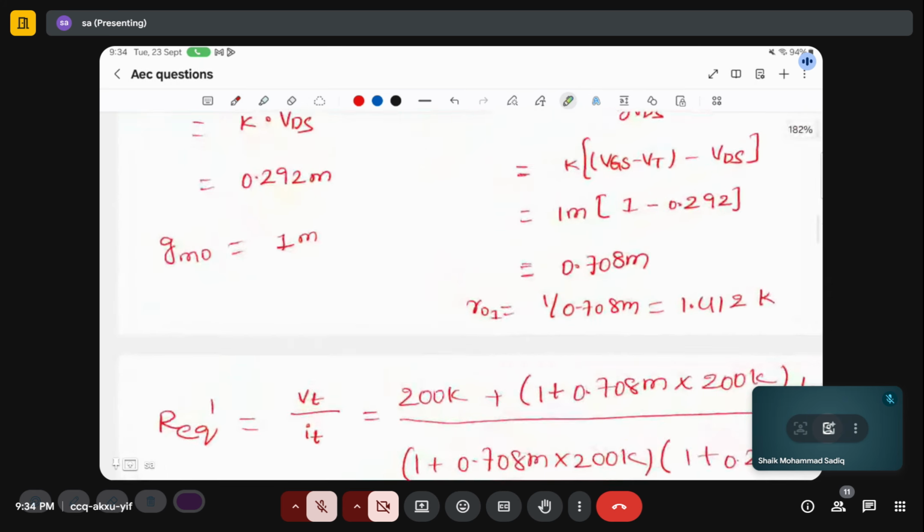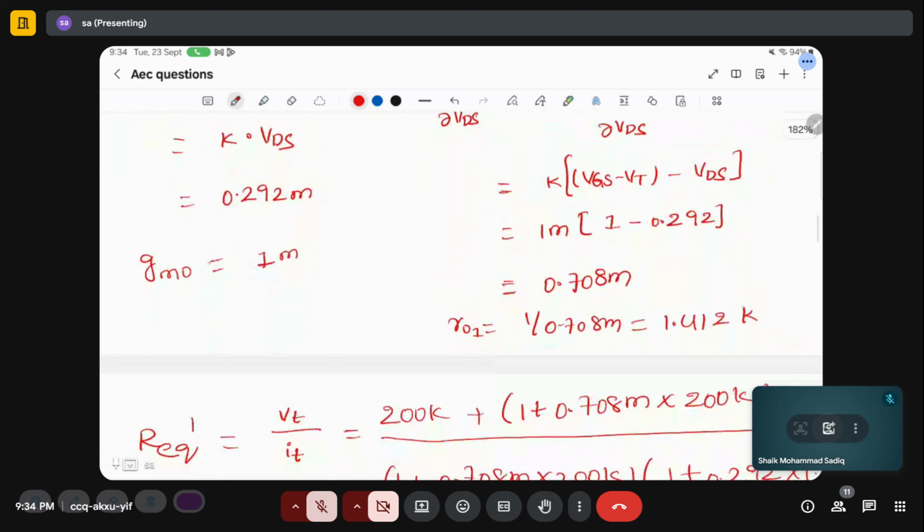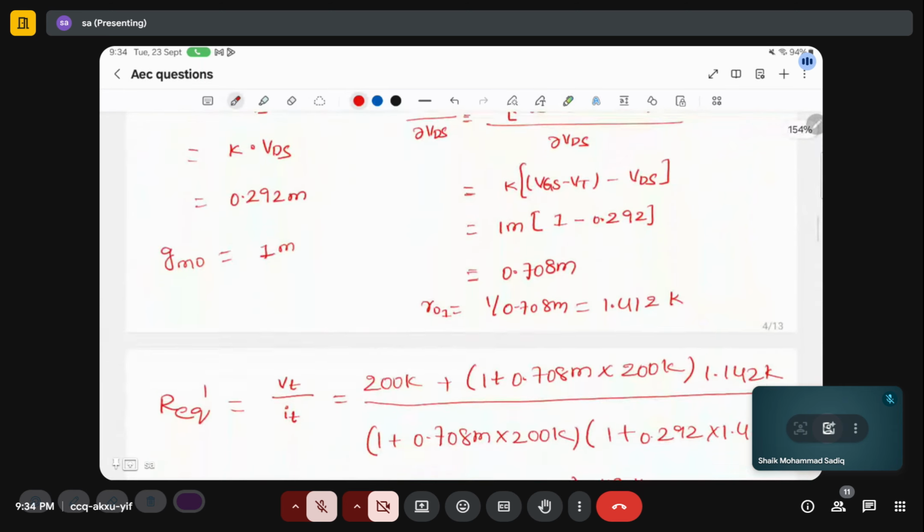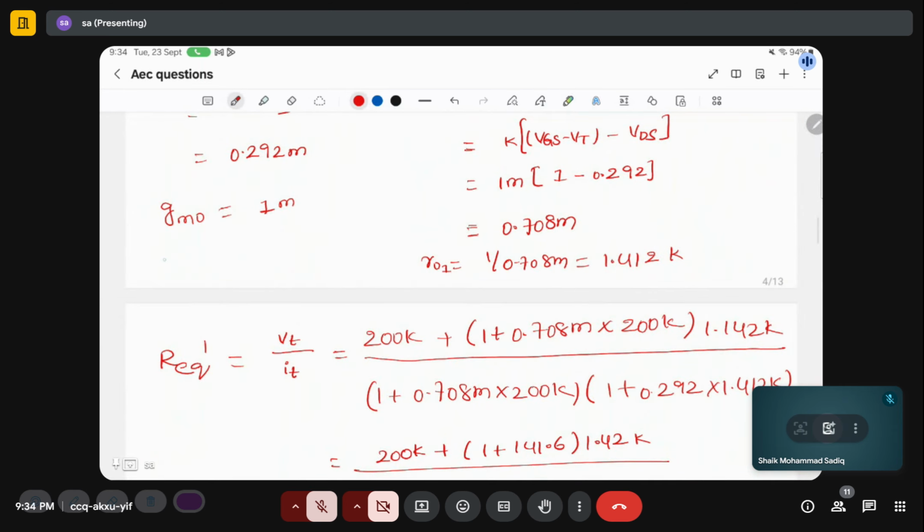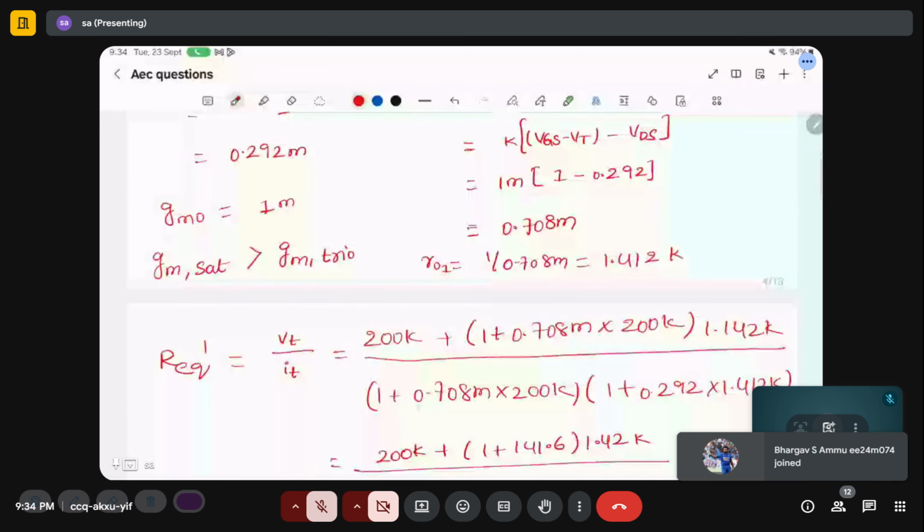For your reference, it is a standard question in interviews or any competitive exam. GM in saturation is greater than GM in triode.